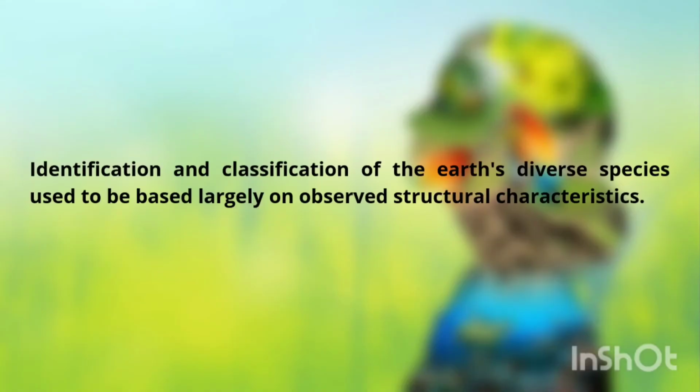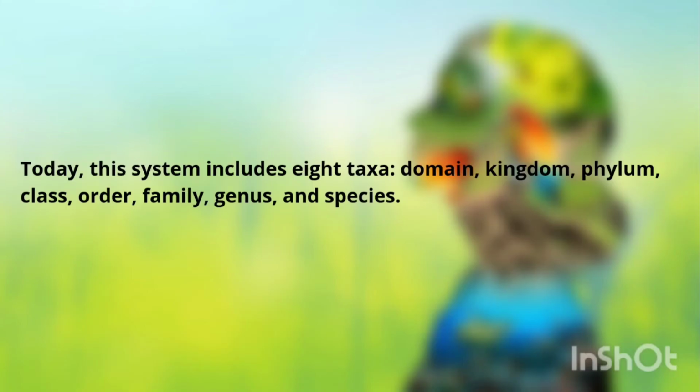Identification and classification of the Earth's diverse species used to be based largely on observed structural characteristics. Today, this system includes 8 taxa: domain, kingdom, phylum, class, order, family, genus, and species.